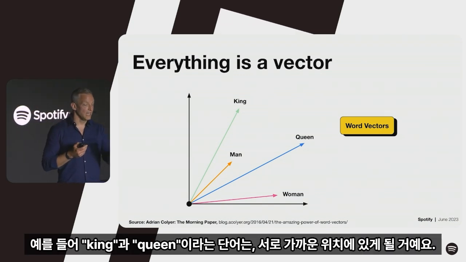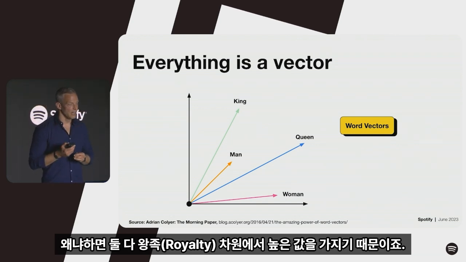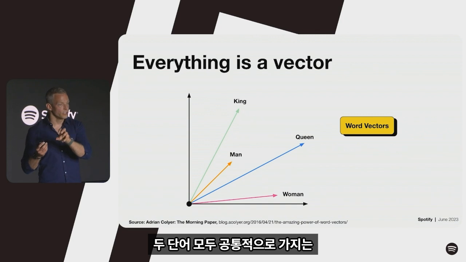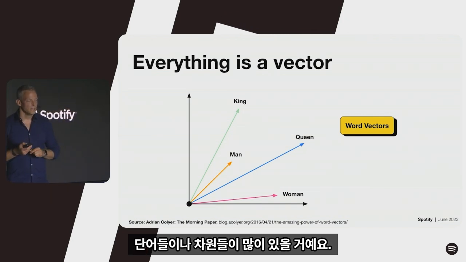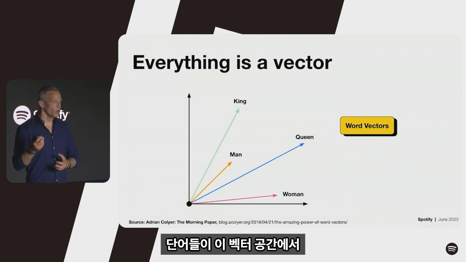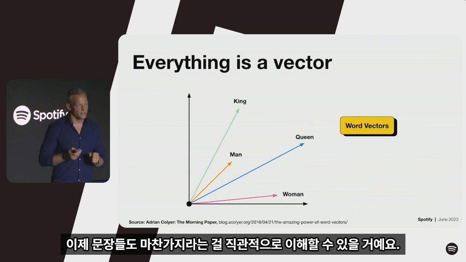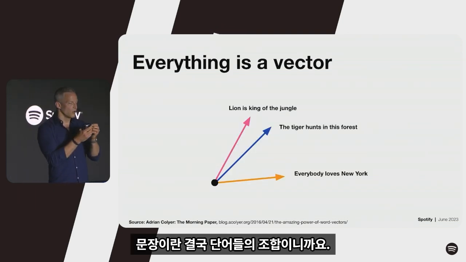So the words king and queen, we just said, are going to be close to each other because they're both going to be high on that royalty value. They're both going to have a bunch of other words or dimensions in common. And if you can intuit that words can be close to each other or far away from each other in this vector space, then it's pretty intuitive that sentences, which are just combinations of words, work the same way.